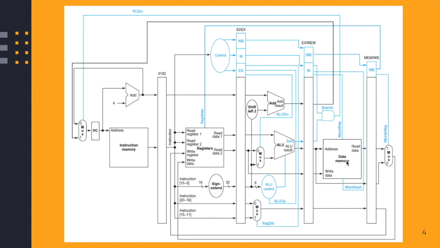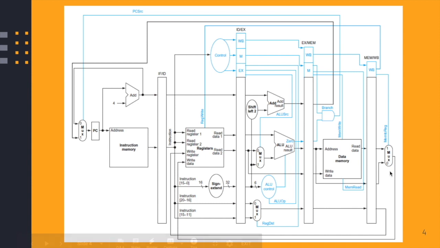After finishing this stage, I'm going to pass the last control signal needed in the upcoming stage, which is the writeback stage, to the mem/writeback pipeline register. And the only control signal we now need in the writeback stage is the mem-to-reg control signal, which will determine whether I'm going to store in the register file the value I read from the data memory or the value of the ALU result.